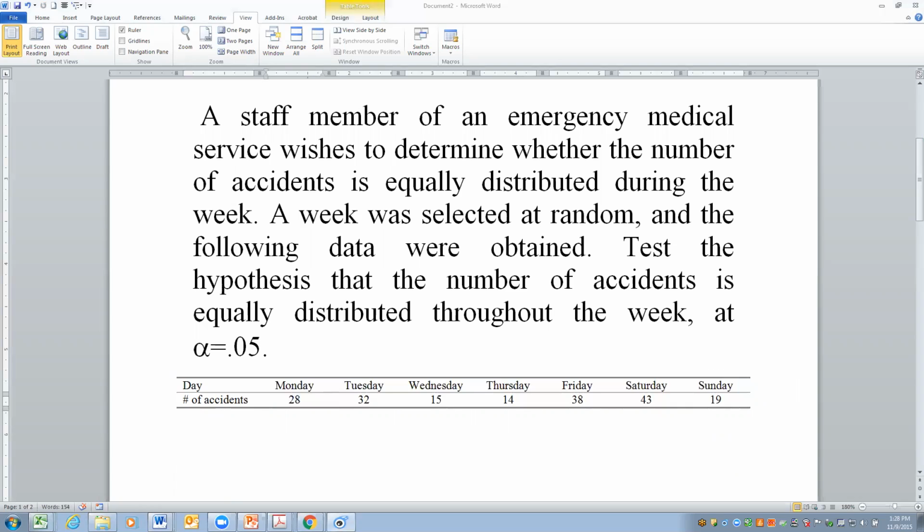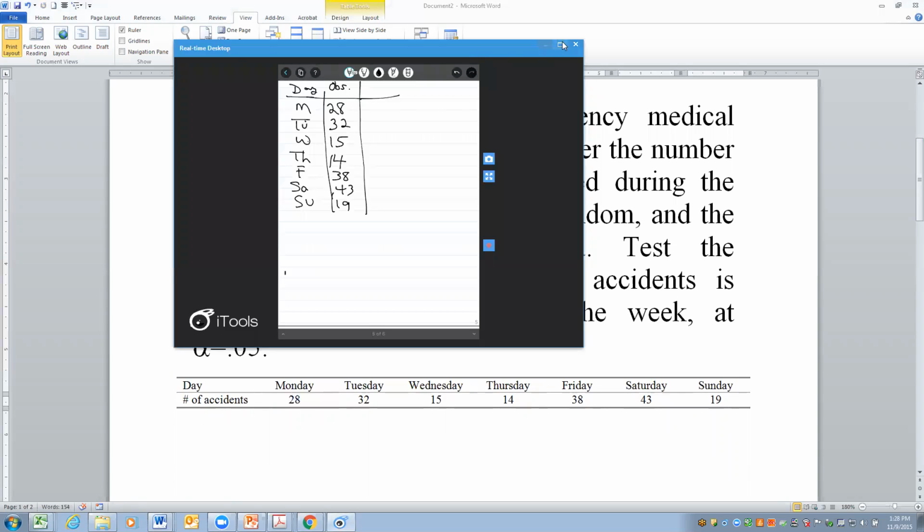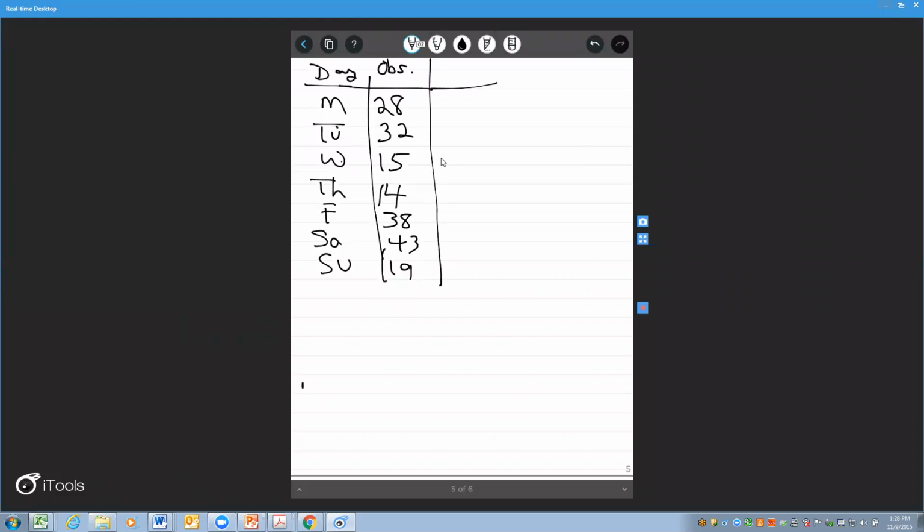So let's go to working with calculating our test statistic. The first thing that we need to do is add up and see what the total is of observations. In this case, the total observations is 189. If we assume that each day is equally likely to have the same number of accidents, then we should have an expected count that's equal on every one of these days.